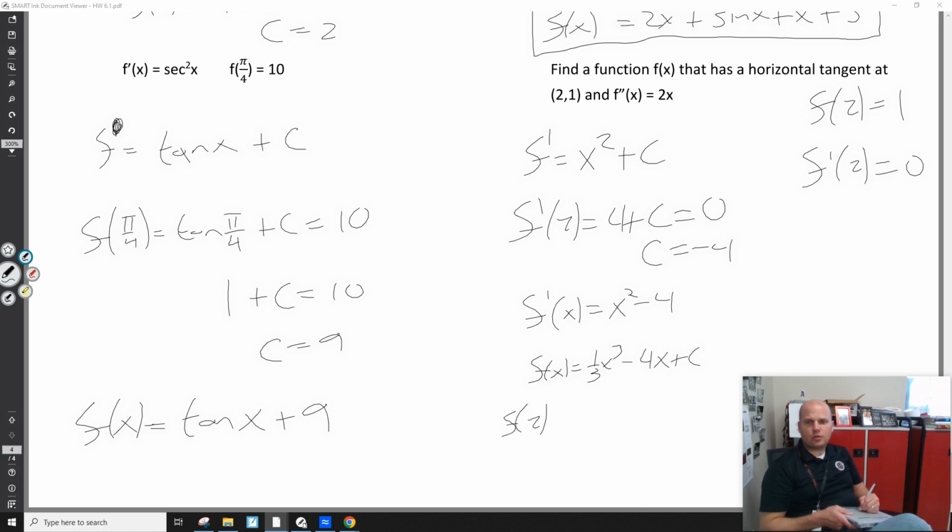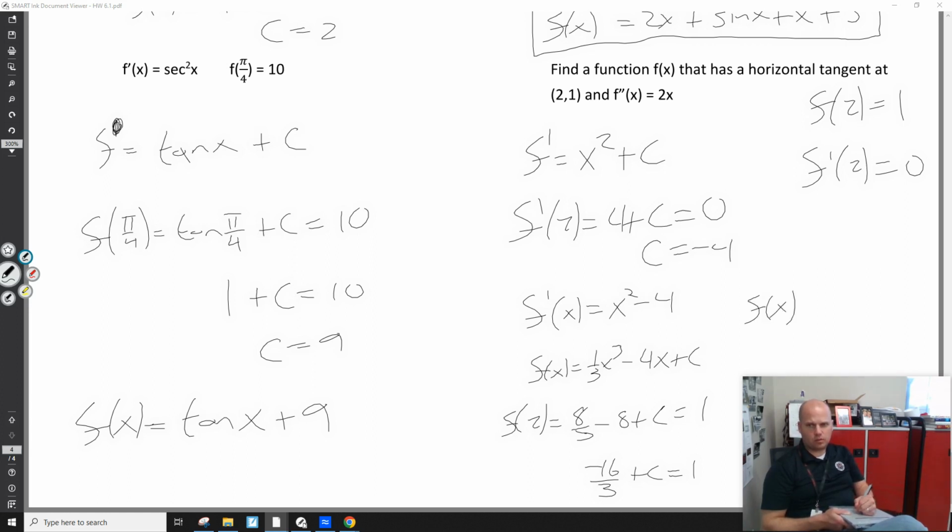f of 2 is 8/3 minus 8 plus c. That has to equal 1. 8/3 minus 24/3 is negative 16/3 plus c equals 1. 3/3 plus 16/3 is 13/3. So c is 13/3.